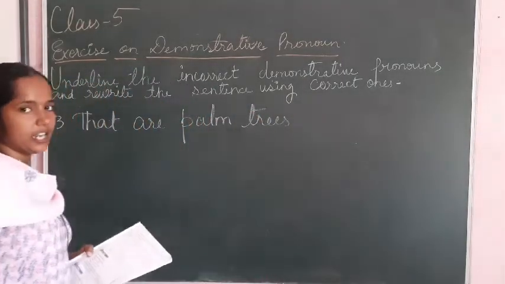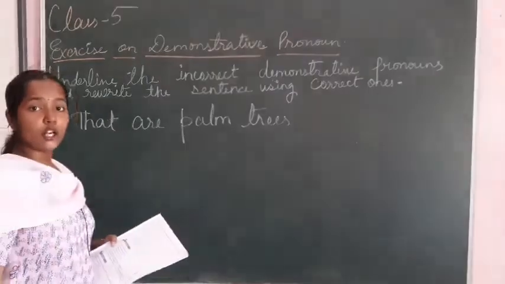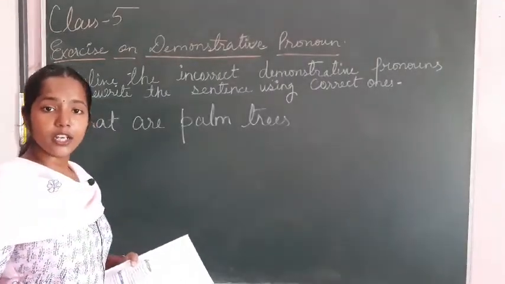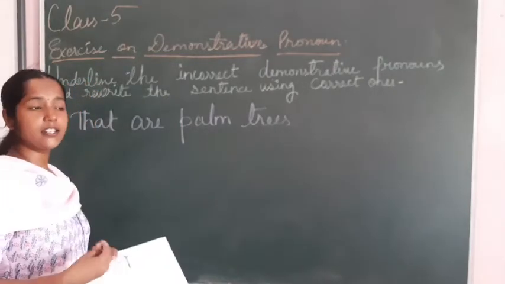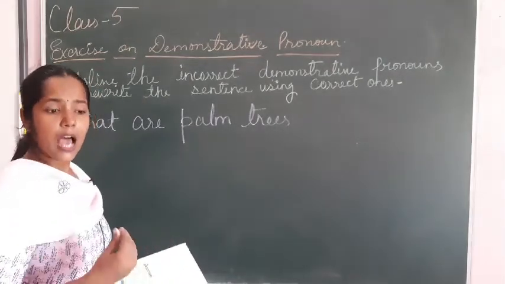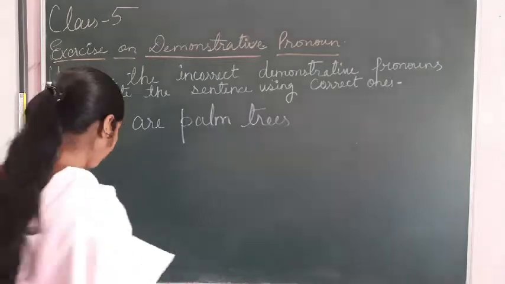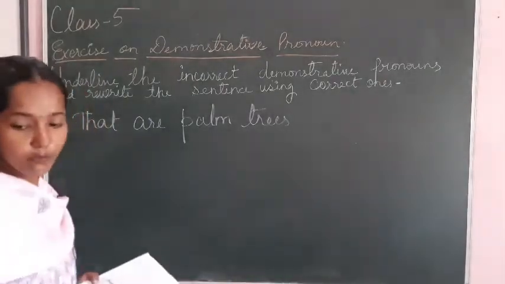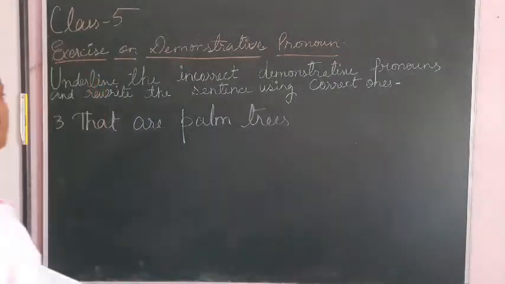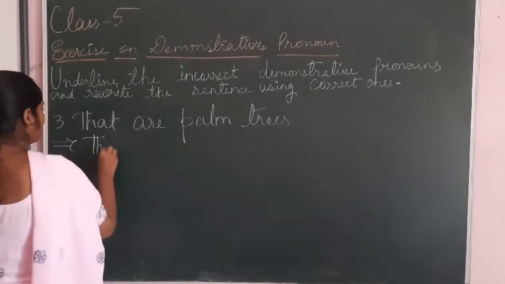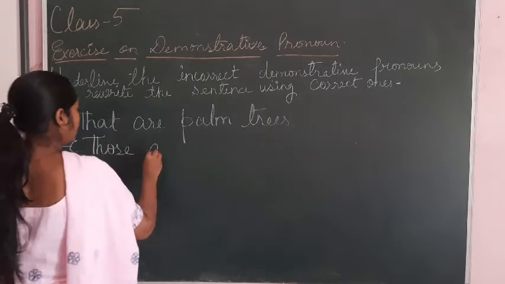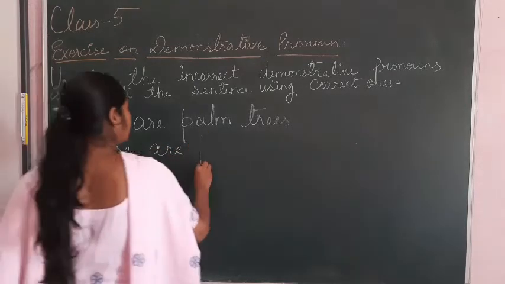Firstly, we use that to see an object which is nearer to us, but here the sentence is saying that the trees are farther from our own place. So for that we will use those. Those are palm trees.